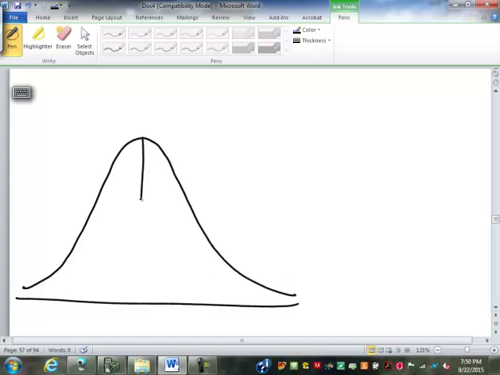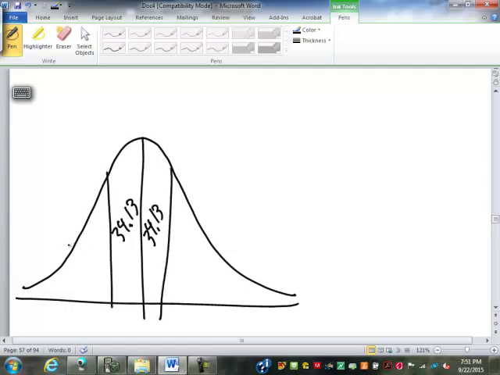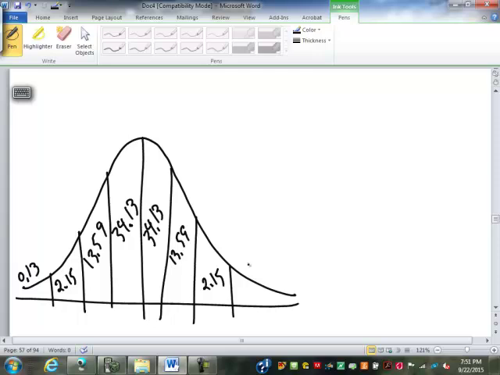And I can put those percents in there. 34.13, 34.13, 13.59, 13.59, 2.15, 2.15, and 0.13, 0.13.